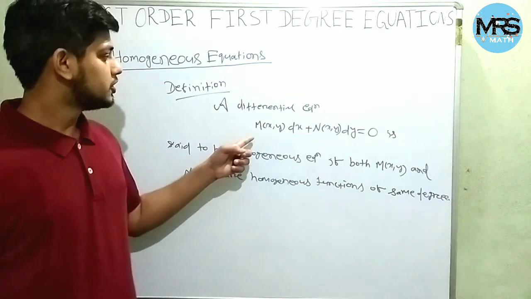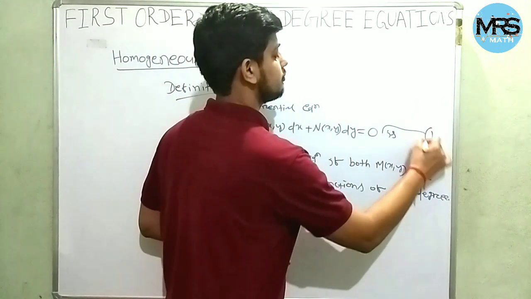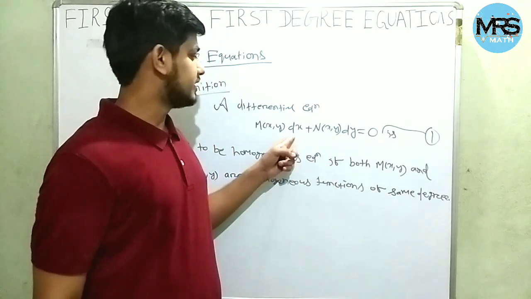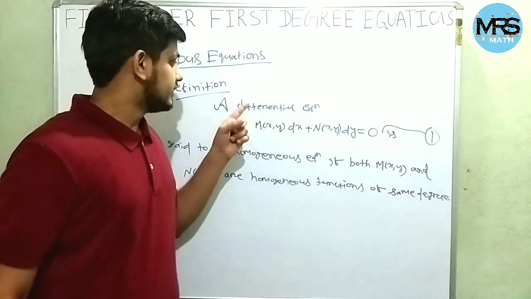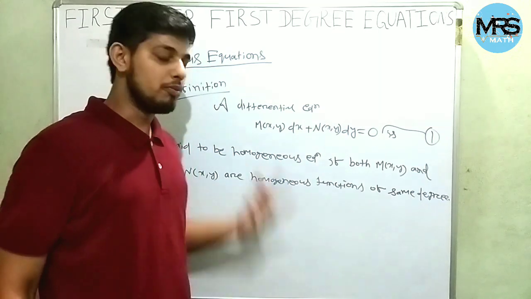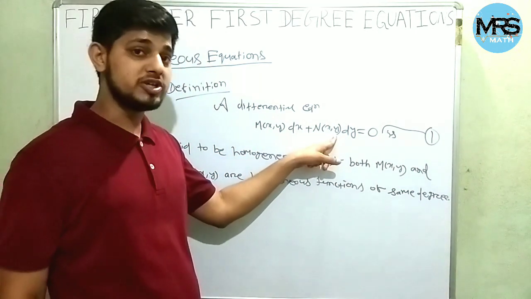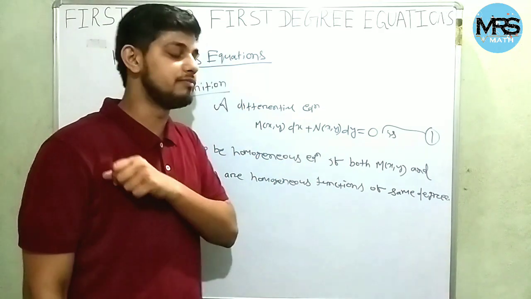Okay students, so this equation, right, this is a differential equation, it's said to be homogeneous if this m of xy and n of xy are homogeneous functions of same degree.